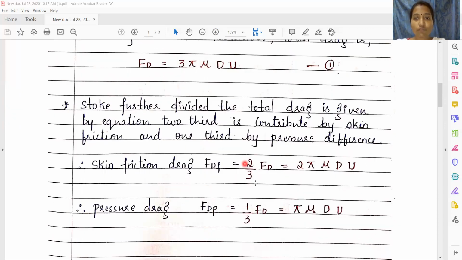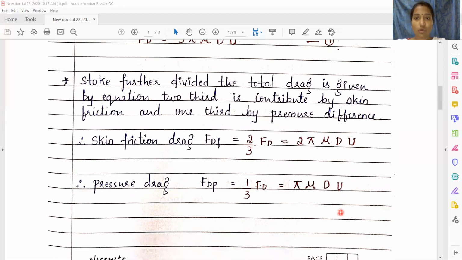So 2/3 of Fd: the 3 and this 3 will get cancelled, so you will get 2 pi mu d u. And one more equation, the pressure drag, is 1/3 of the total drag. Again the 3 and this 3 will get cancelled, so you will be left with pi mu d u.